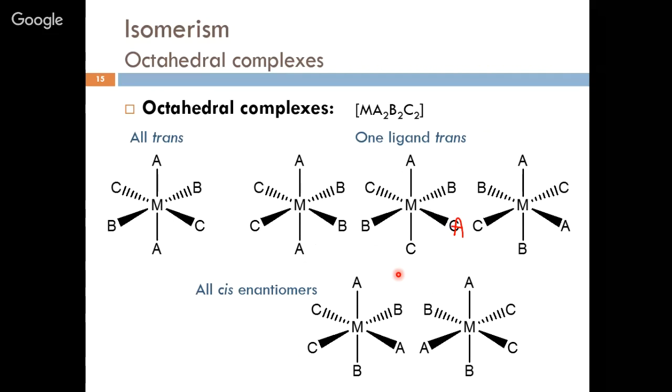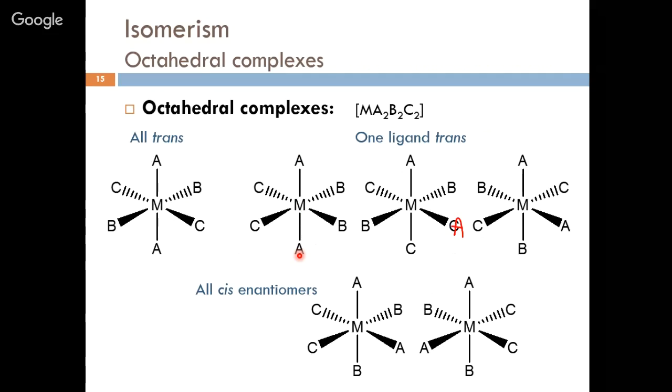We have a little bit more complicated case, and there are a couple of mistakes on these slides, and I have terrible handwriting. But if we have 2 of ligand A, 2 of ligand B, and 2 of ligand C, then we can have an all trans case where each is across from its own type. We can have 1 ligand that's trans and the other ligands are all cis.